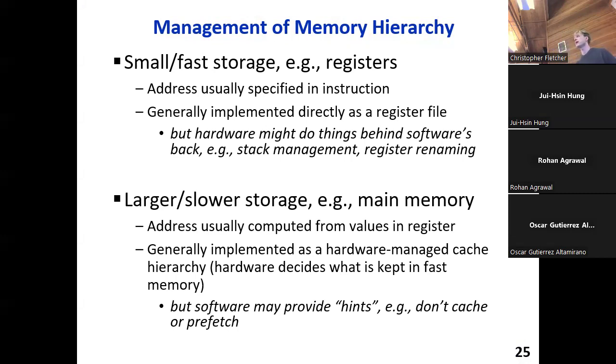So you're sending a physical address which looks up a value, and you're going to read or write the contents at that particular address. And the larger, slower memories are implemented using hardware caches and eventually DRAM, and usually these are at least partially managed by the hardware. The interface to these memories is not an address which looks up a physical location, but rather an address which is meaningful in your program.